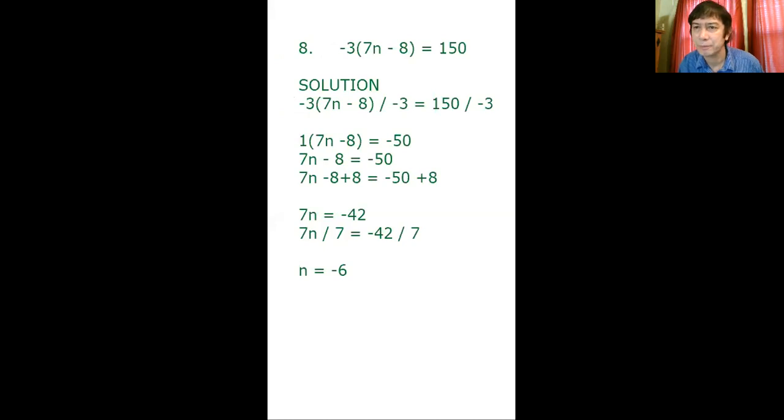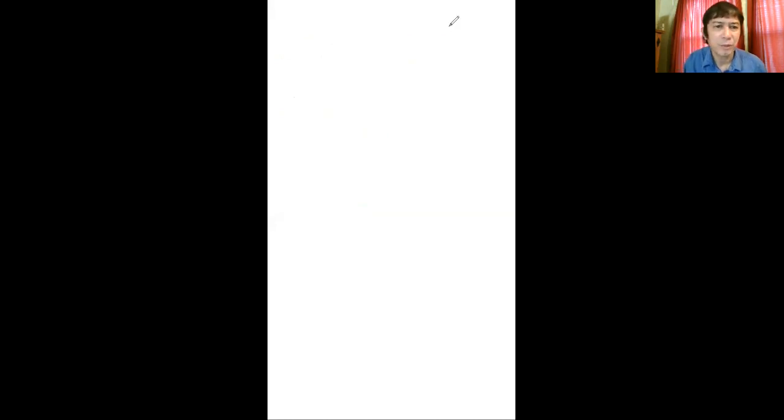All right, so we'll just clear it there, and we will start doing number 9. Okay, number 9. So let me just rewrite. Let me just adjust my screen to a larger version. There. All right. Let me start with the number.